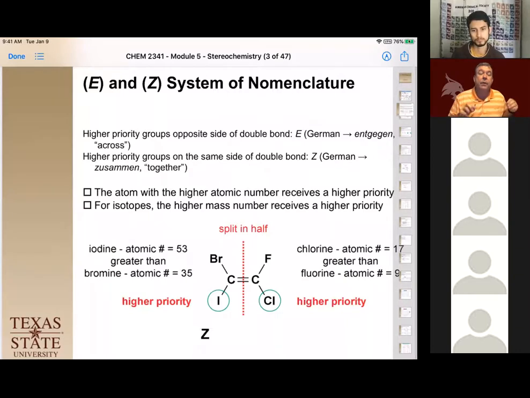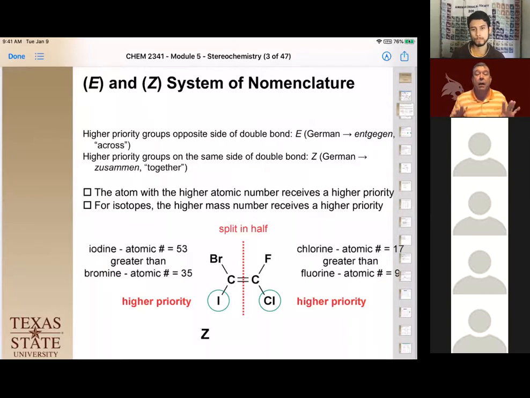If those two highest priority groups are on the same side of the double bond, like in the cis configuration, we call that zusammen. The easiest way to remember that is zusammen has Z groups on Z side, okay? So if they're on the same side, that gives us the zusammen or Z configuration. If they're across from each other, that's the entgegen.